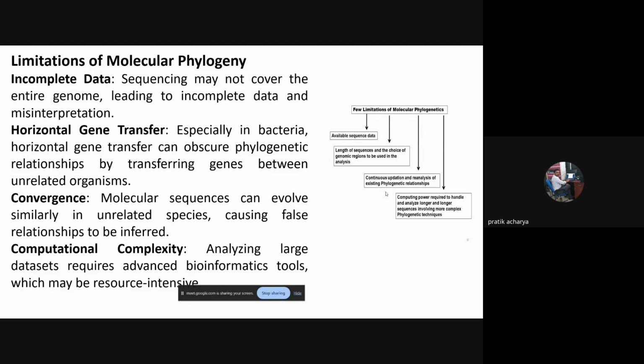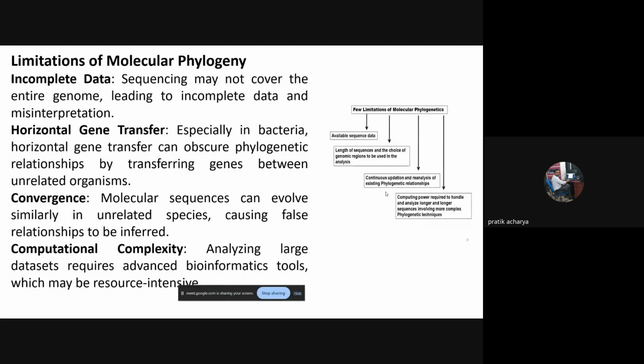In the same manner, entire genome sequencing may not be possible in some organisms, leading to incomplete data. We can provide the information we have, but we cannot provide the data of all the genes present. Okay, that is the first limitation.